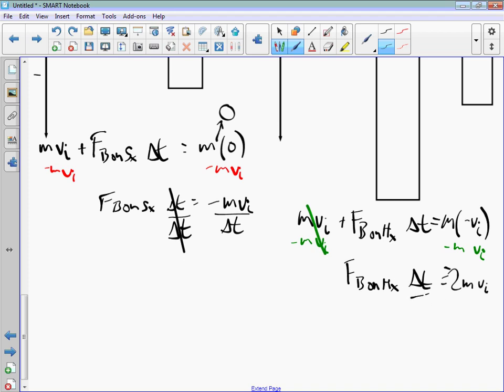And we want force by itself, so again we'll divide by change in time.